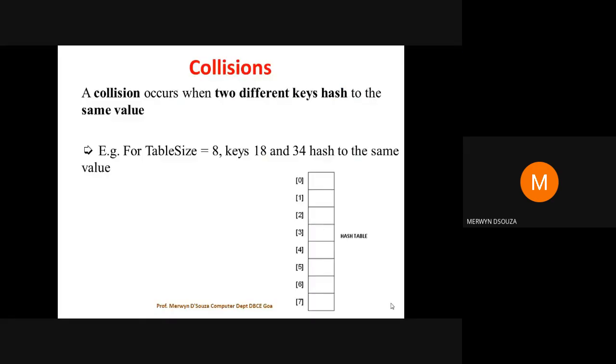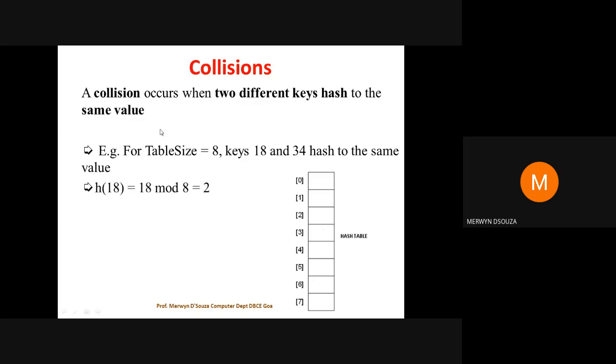So next we come to something known as a collision in hashing. Like I've told you previously, a collision occurs when two different keys hash to the same value. For example, consider this hash table where the table size is 8, that is, the value of m is 8, and you consider two keys, 18 and 34. Say you are using the division method as a hash function.